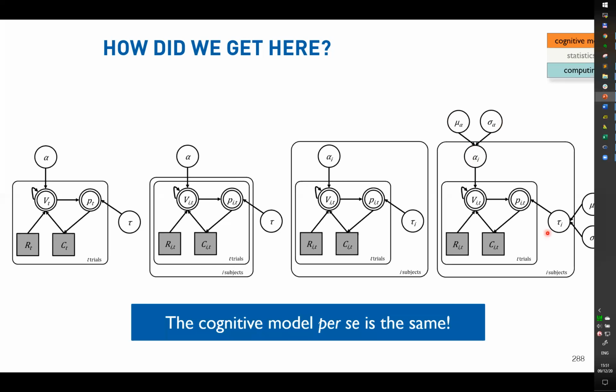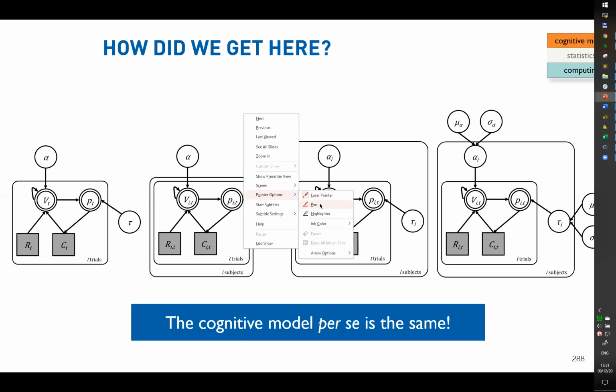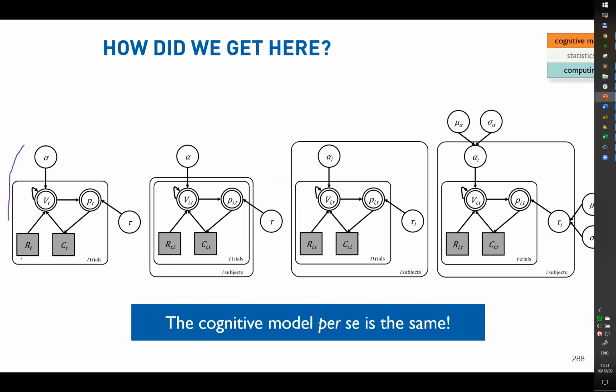Okay, so even though you see the complexity goes from the left end to the right end, you could see quite clearly that all of this part, right, this part, they are the same. They are the same across all of them. And what is the part that I draw?